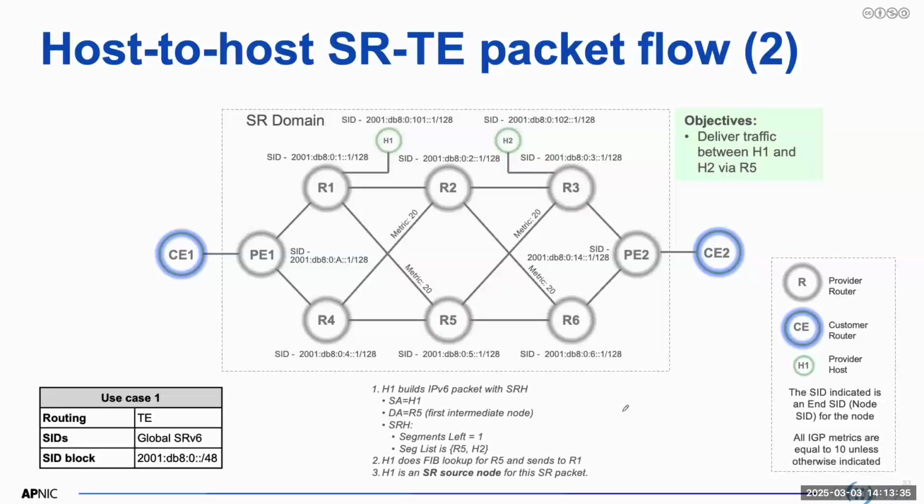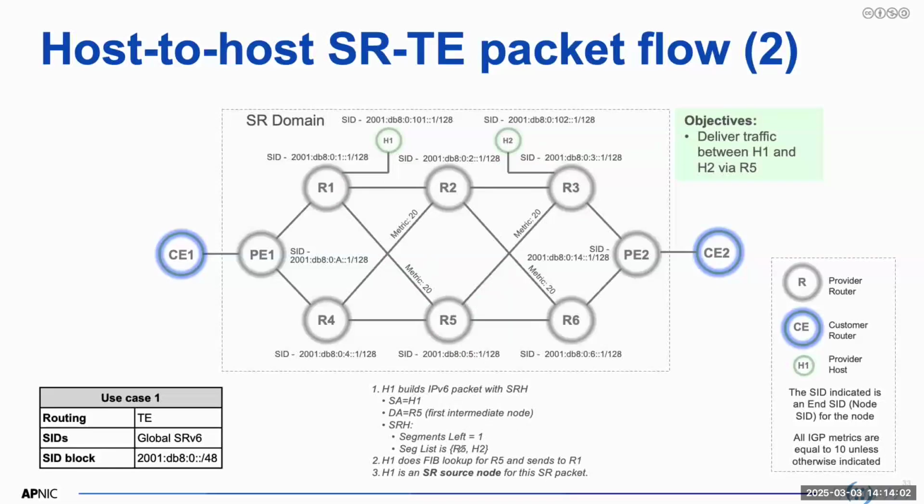In this case, H1 will build an IPv6 packet with the segment routing header, and the source will be H1, the destination will be R5, not H2, because we need to build the list of segments. Once we build the list of segments, we are saying that traffic going from H1 should pass through R5, then go to H2.